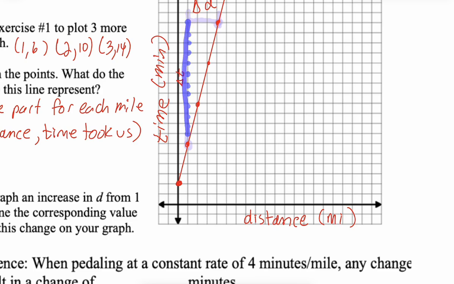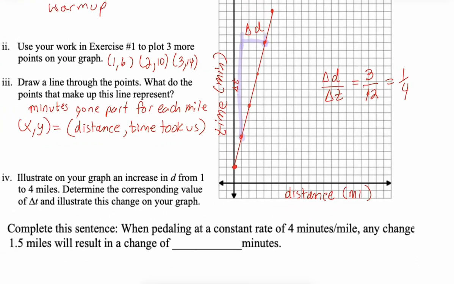So it makes sense that as our distance changes by 3, our time should always change by 12, because that fractional change, since it's a constant rate of change, should always give us 1/4 when we're relating distance per unit of time. So it should always give us 1/4, no matter what 2 points along our graph we have chosen. That's what makes it linear.